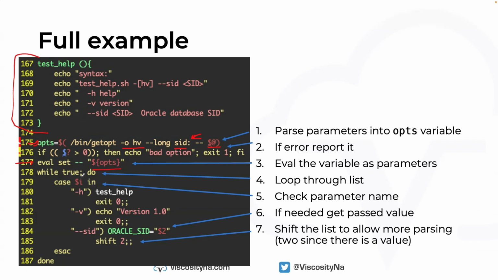So for each parameter passed in, if it's equal to -h, then run my help function and exit 0. If it's equal to -v, then echo version 1, exit 0. If it's equal to --sid, then set the sid to $2 and shift 2 spots in the loop because I want to skip past the --sid and the actual parameter that was passed.